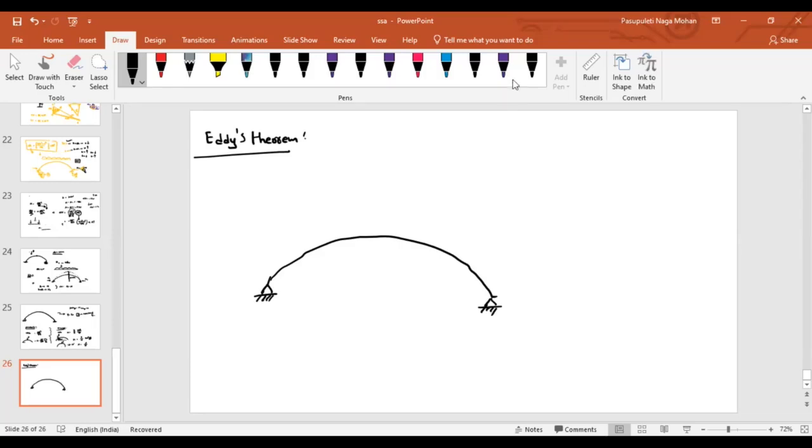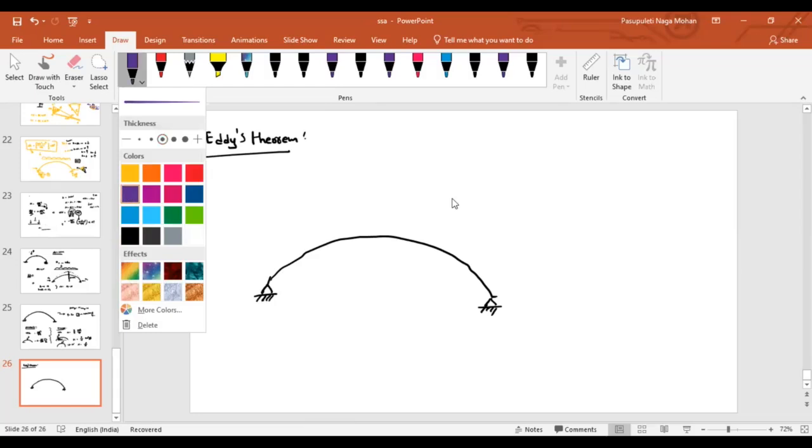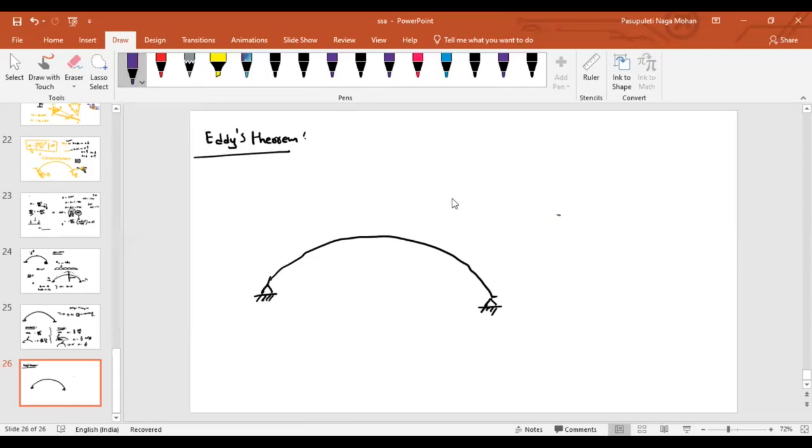Now, if you represent the linear arch over this, if a point load is acting on the section, how will the bending moment variation be? If simply supported and subjected to a central point load, the shape of the bending moment will be a triangle, right? So what will be the shape of the linear arch then?